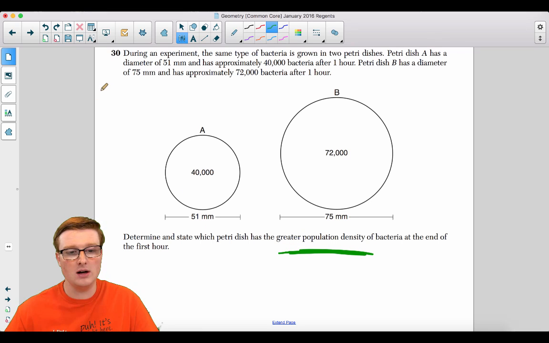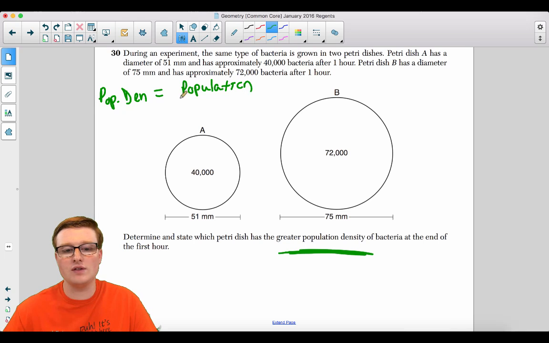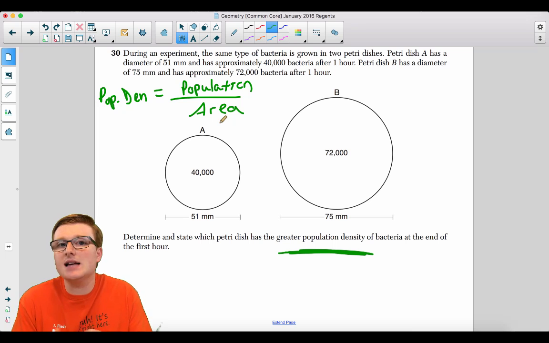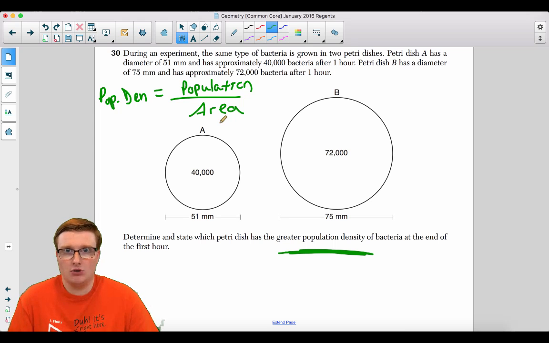You need to know what population density is. So the population density formula is equal to the population over the area. What this does is it takes the entire population and divides it by how much space there is. So that will tell us which one has the greater one.